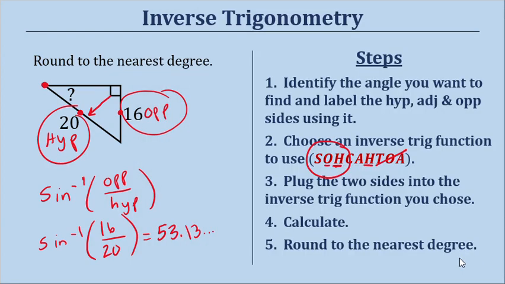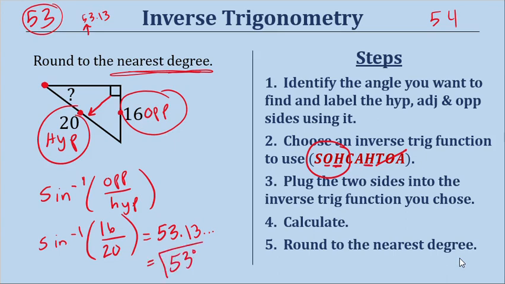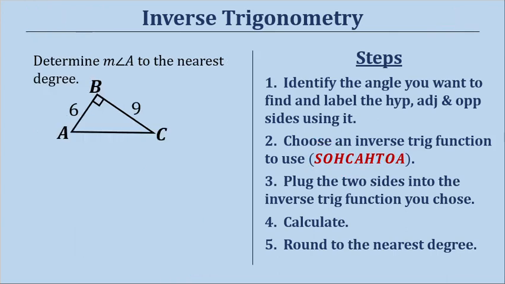But, as I've said before, we normally round angles to the nearest degree, and that would mean this is either going to be 53 or 54, because 53.13 is somewhere between those two numbers. Now, 53.13 is somewhere over here, which means it's much closer to 53 than it is to 54. So my answer is approximately 53 degrees.